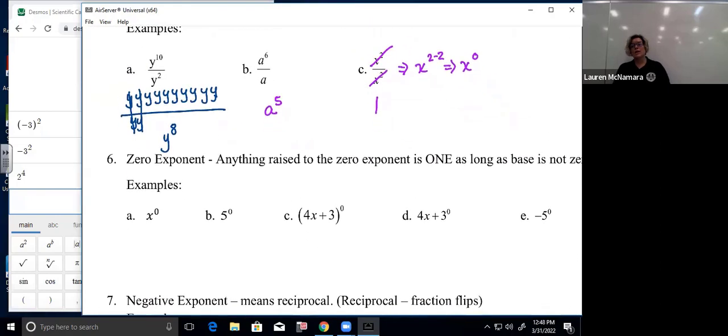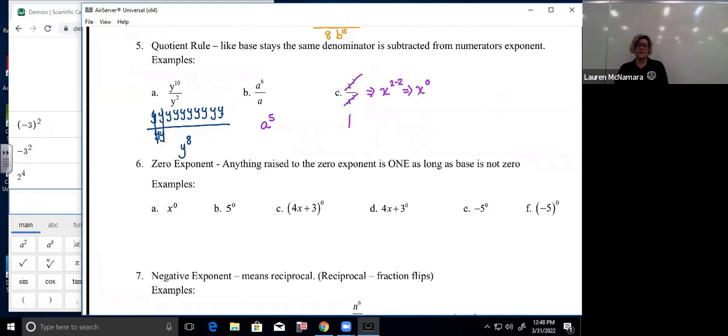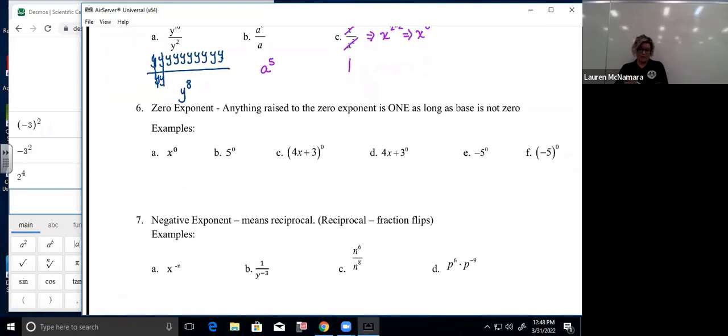Another way of looking at this is example A. Let's look, I have x to the 0. Well, that really means that I see no x's.